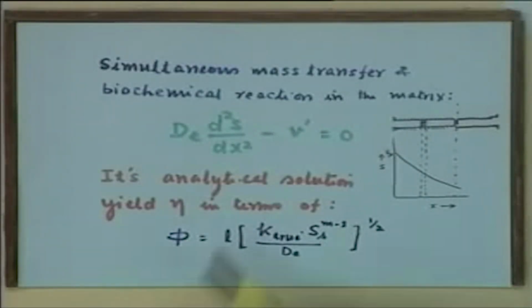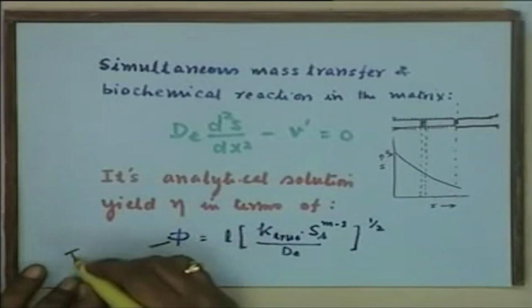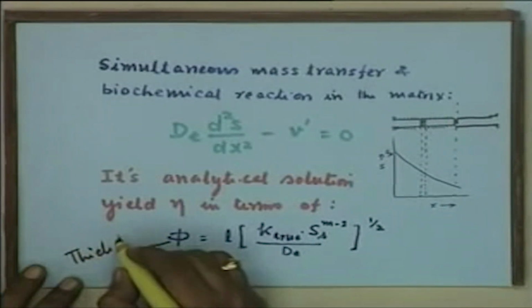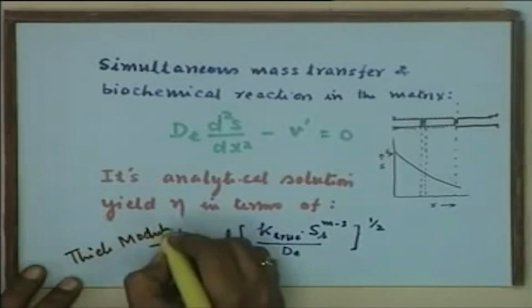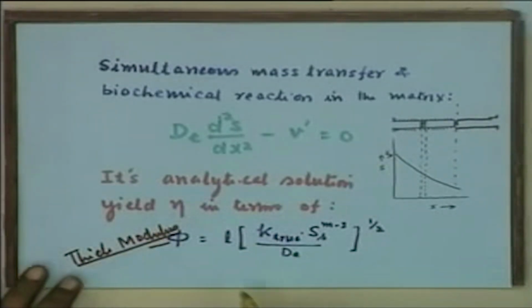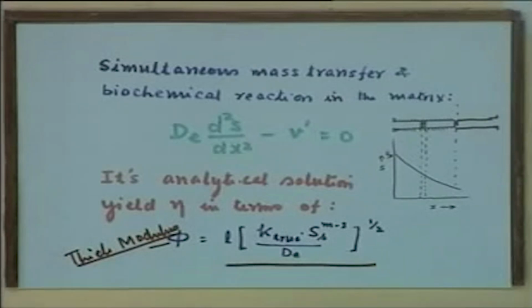Now, the substrate concentration profile for such a second order differential equation is usually obtained in terms of a Thiele modulus. Phi here is defined as a Thiele modulus in general, which is defined as a lumped parameter like this, which is L into K true into S surface substrate concentration to the power m minus 1 upon dE, and whole square root.